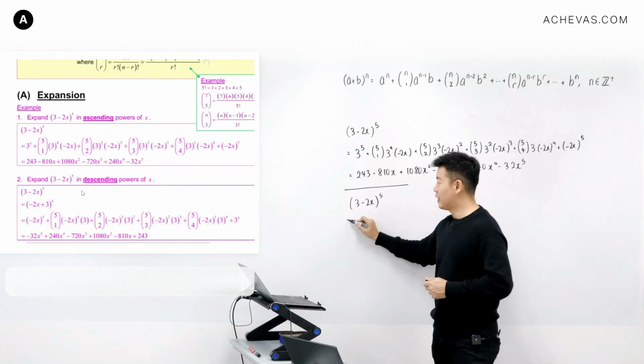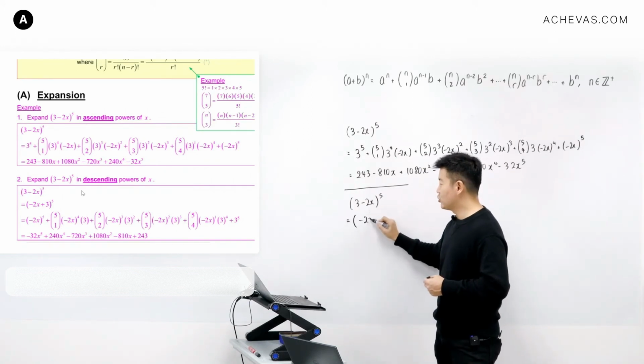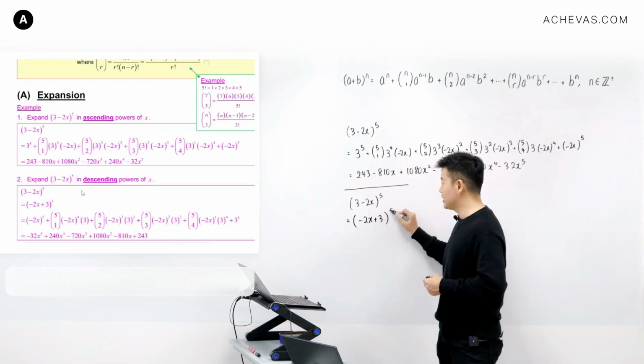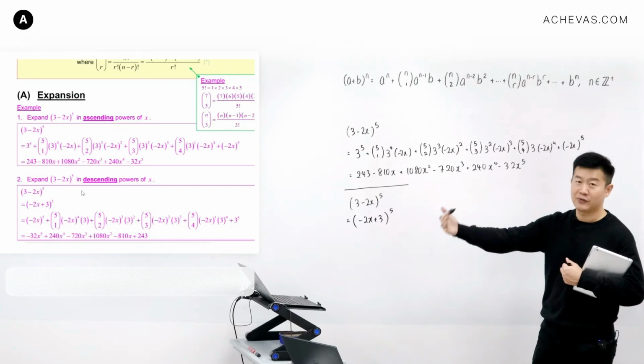Which means that if I were to expand this in decreasing powers of x, another strategy that I can make use of is to just switch the first term and the second term so that x is at the first term.